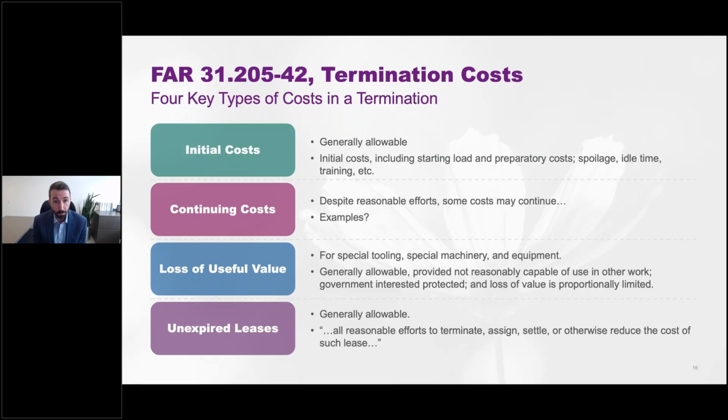You may have employees who are on employment contracts that require a week or 2 notice before you can take them off the project or terminate employment. And in those kinds of cases, you may have a legitimate point to the government that, look, there are costs that were continuing. The most I could reasonably do under my employee agreements is give 2 weeks notice or give some amount of notice. And so those are costs that reasonably continued despite reasonable efforts.